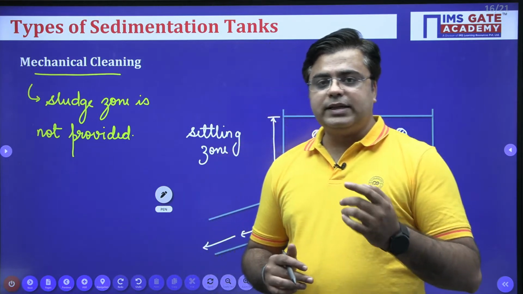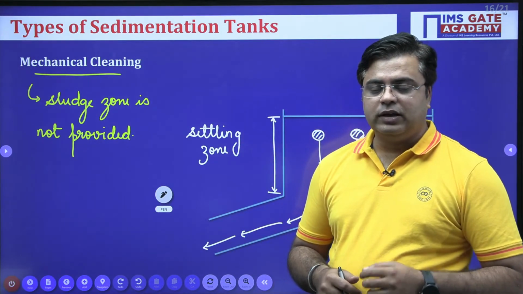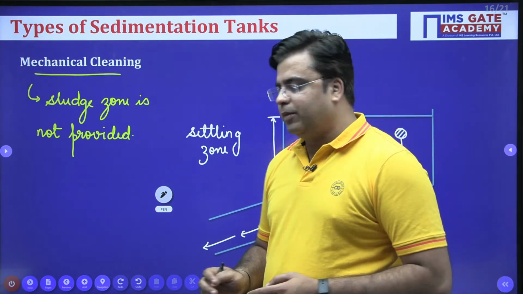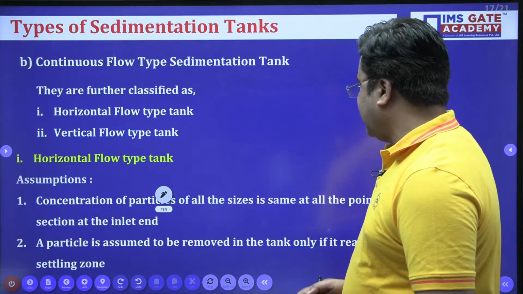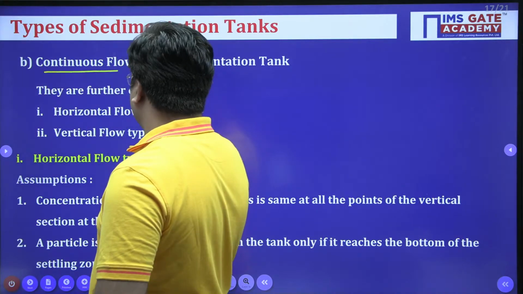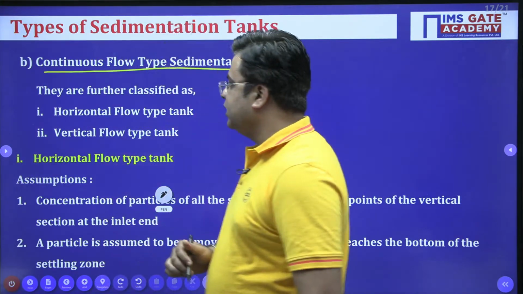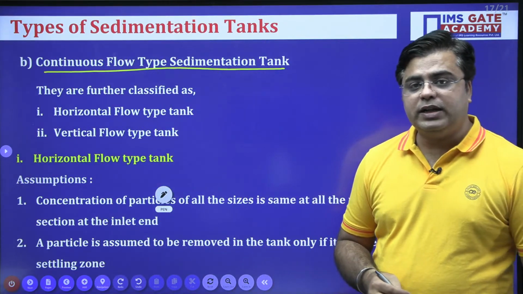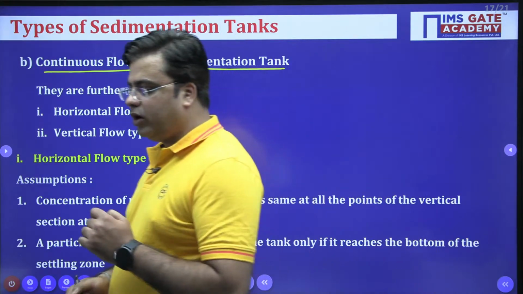Important is the next tank that we are going to discuss. The second type of sedimentation tank is known as the continuous flow type sedimentation tank. This is a very important tank.